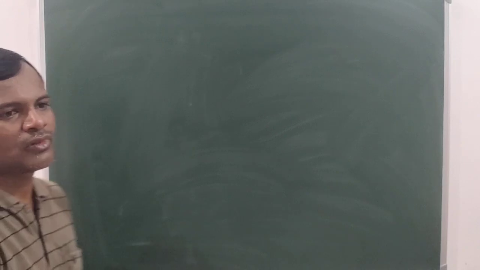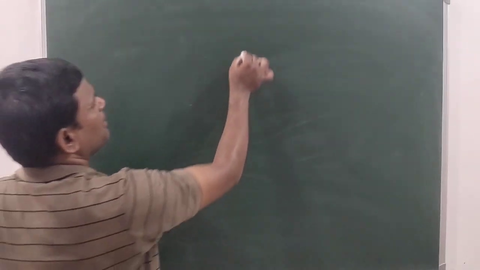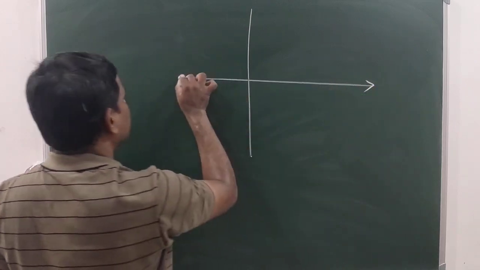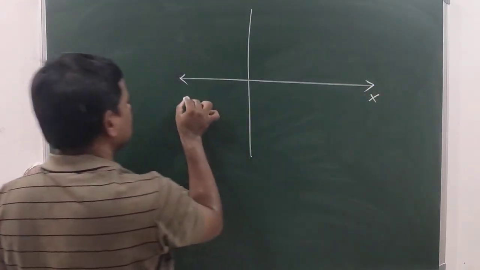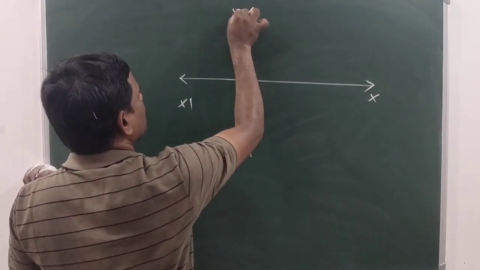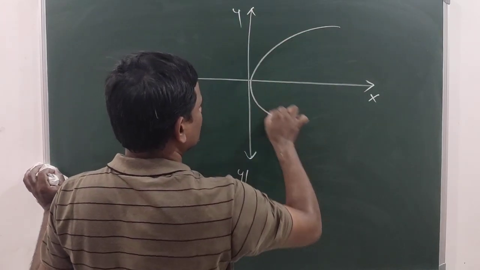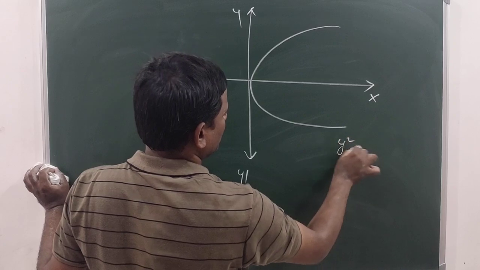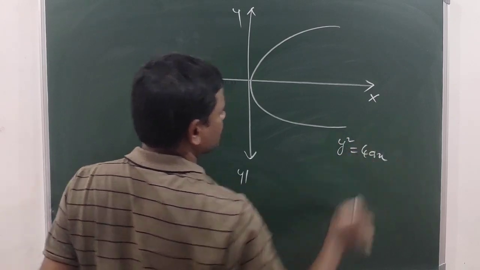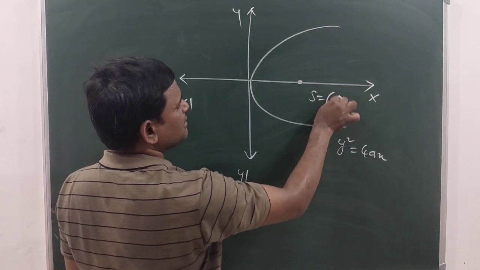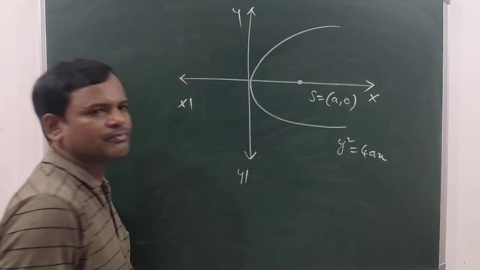Next, see students, x dash, y dash. Now y square equal to 4ax. So this is the focus, whose coordinates are a comma 0.